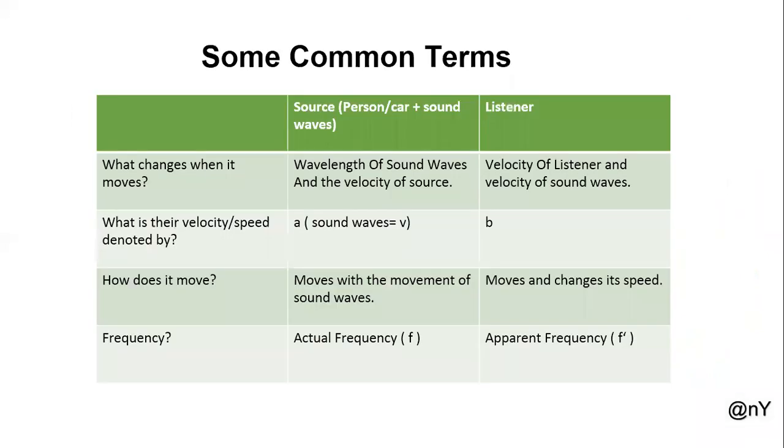There are some common terms you need to understand in order to understand the Doppler effect. Whenever we talk about the source, we always talk about the person or the car and the sound waves being emitted by that person, that car, or the horn they are carrying. First, whenever the source is moving, not only does the wavelength of the sound waves change, but the velocity of the source also changes.